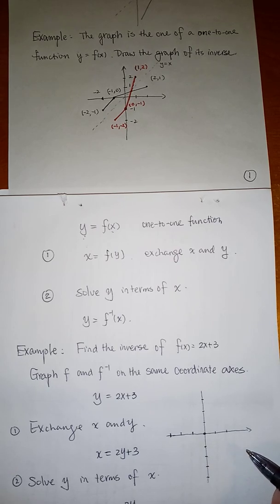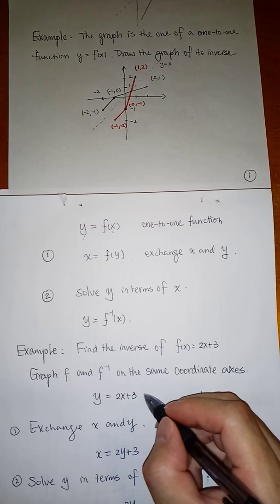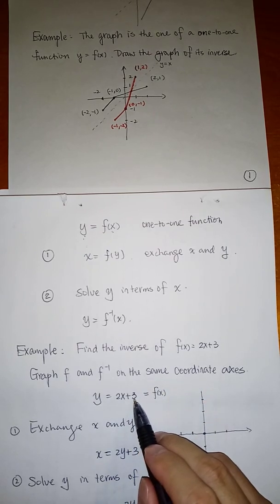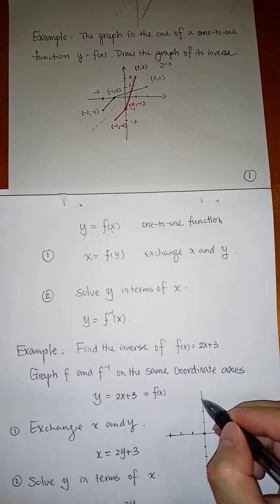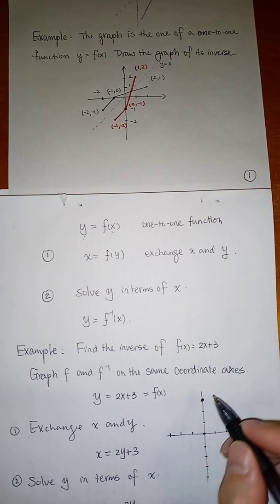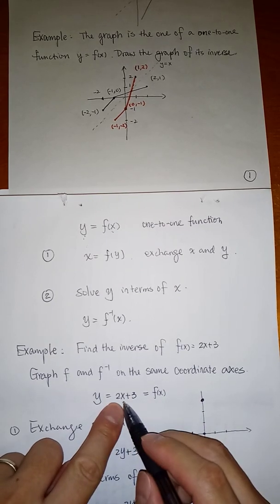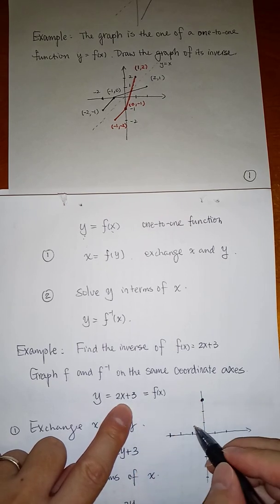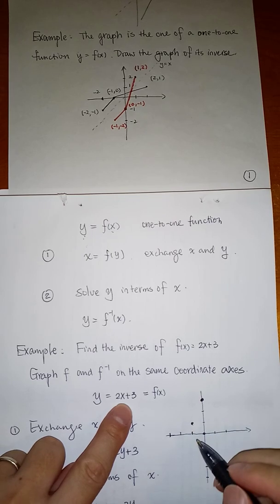Let's graph f(x) first. When x is 0, y is 3. This point, (0, 3). When x is negative 1, negative 1 times 2 is negative 2. Negative 2 plus 3 is 1. Okay, this point.